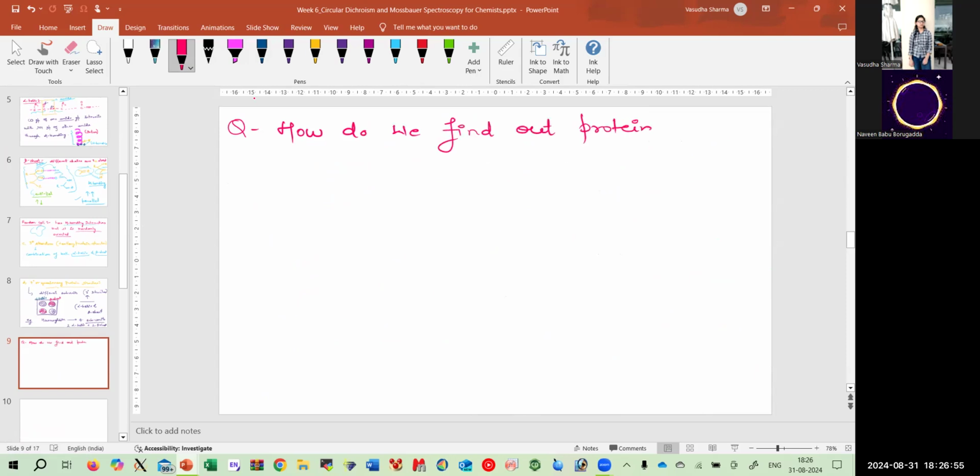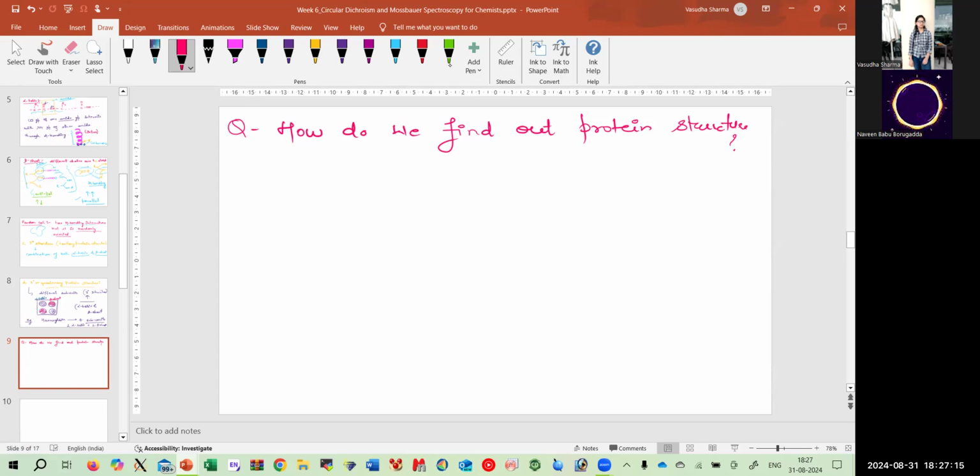We saw the different types, and basically the tertiary and quaternary are composed of the secondary structure itself. So we mainly target to identify the secondary structures because there are three different types. So how do we do that?